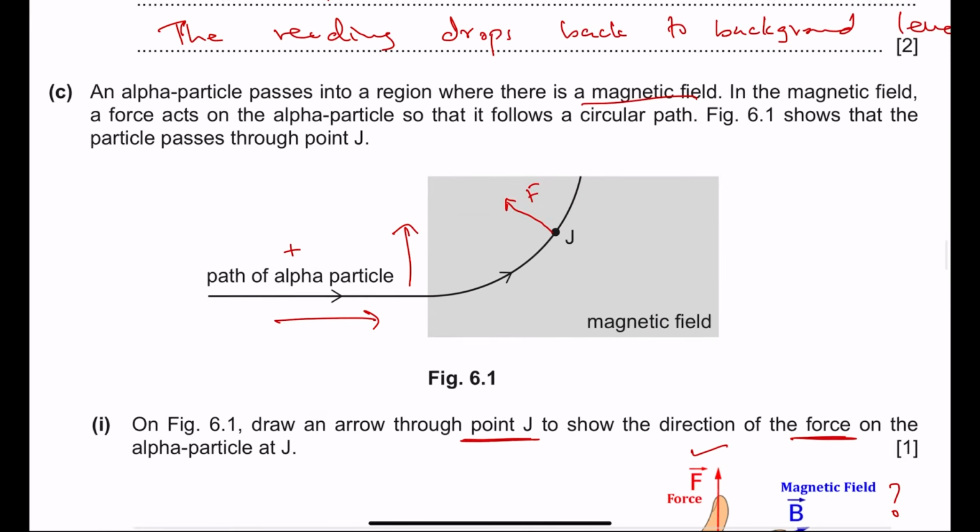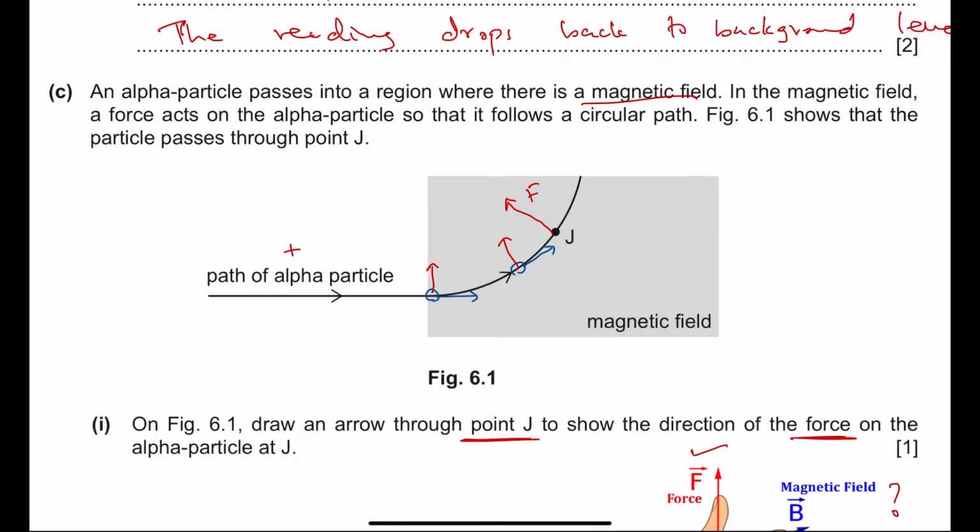Now in our case, you could see that wherever the position of the alpha particle was, the force was always 90 degrees to it. If this is the velocity of the alpha particle, the force is at 90 degrees. If the alpha particle is somewhere here and its velocity is like this, then the force is at 90 degrees to that.